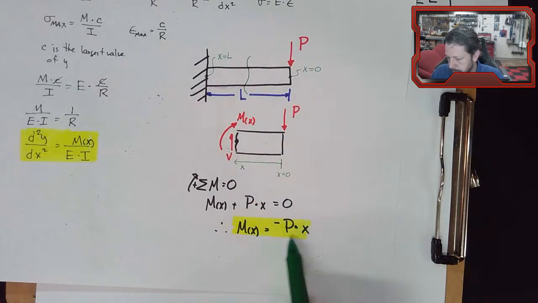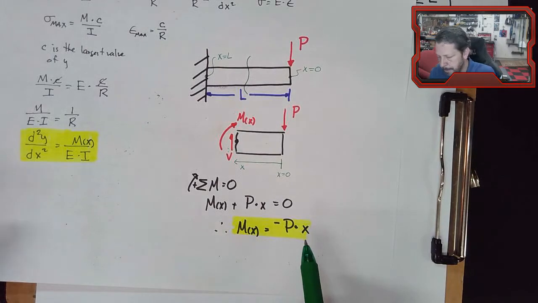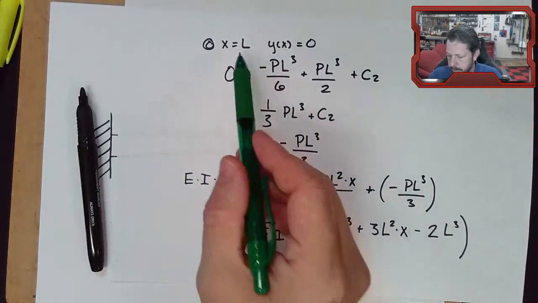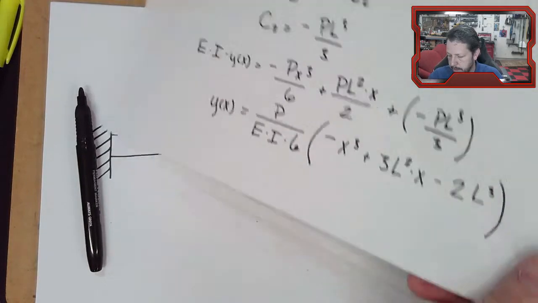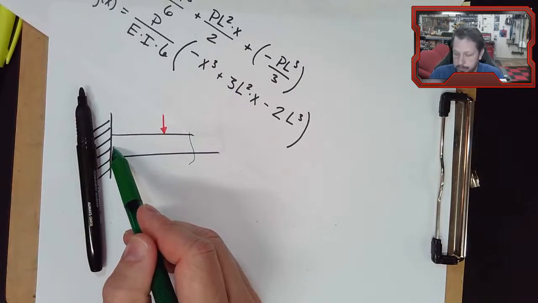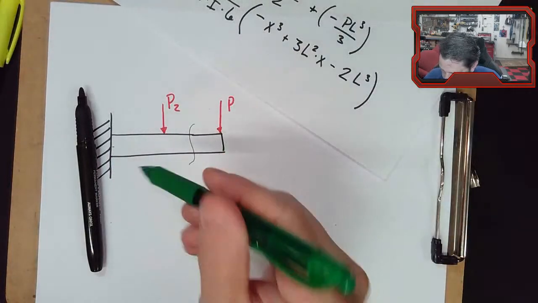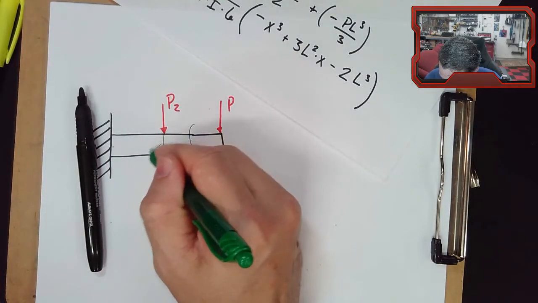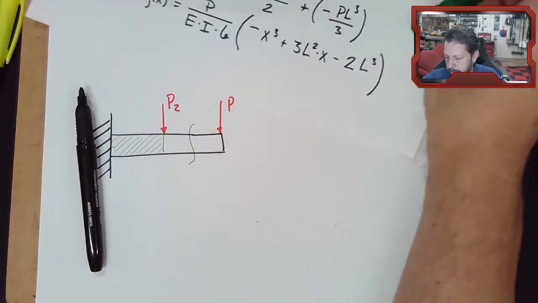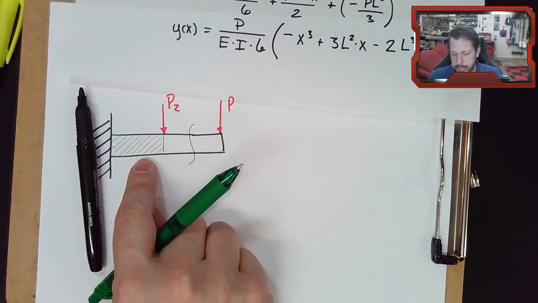We would still integrate the negative p times x. We would still technically have our boundary conditions here the same, because at the wall, those things are still true. But once we get into this section, this equation that we just derived wouldn't work because the bending moment changed.